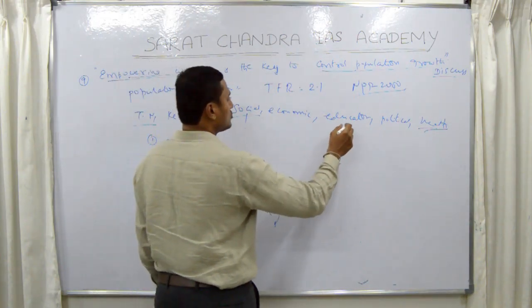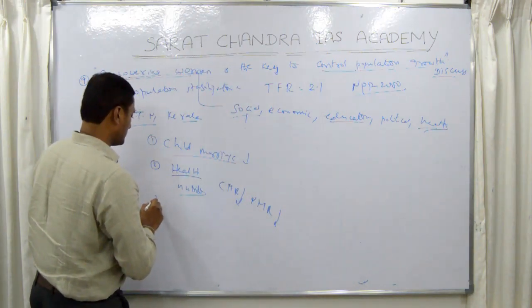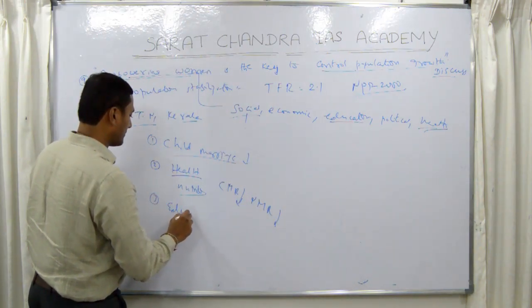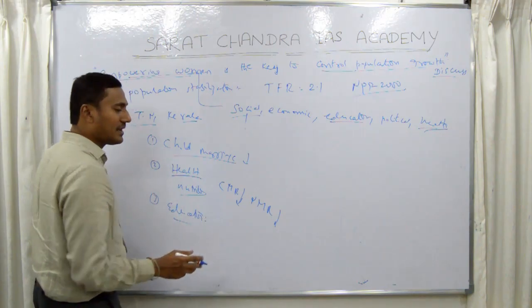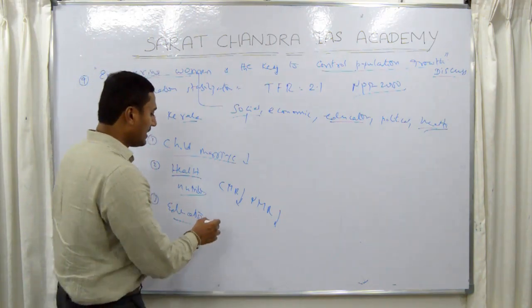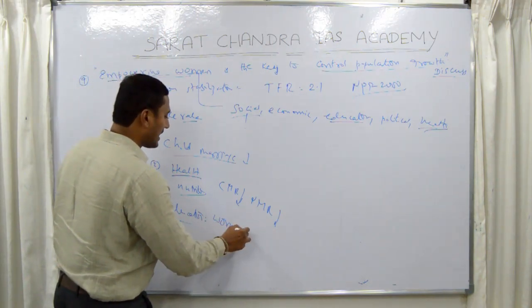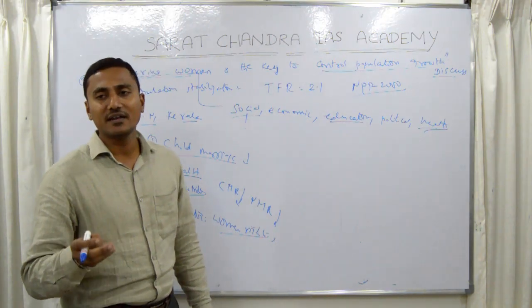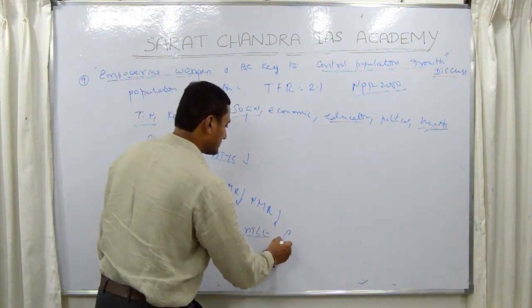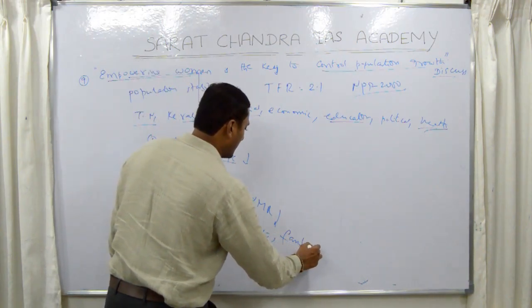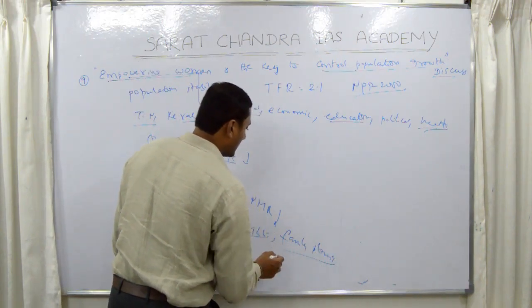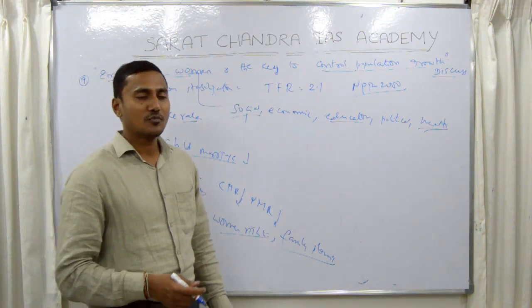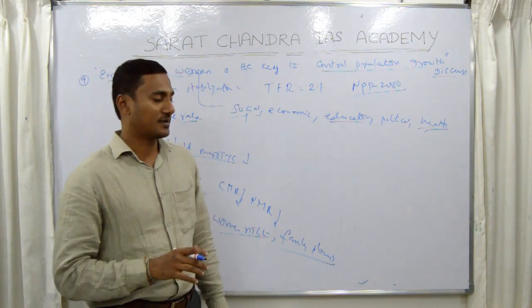Now, if you come to educational empowerment, women who are literate will have more knowledge of their rights, the women's rights. Similarly, they will have good awareness of family planning. They will know both about tubectomy and the partner's vasectomy.